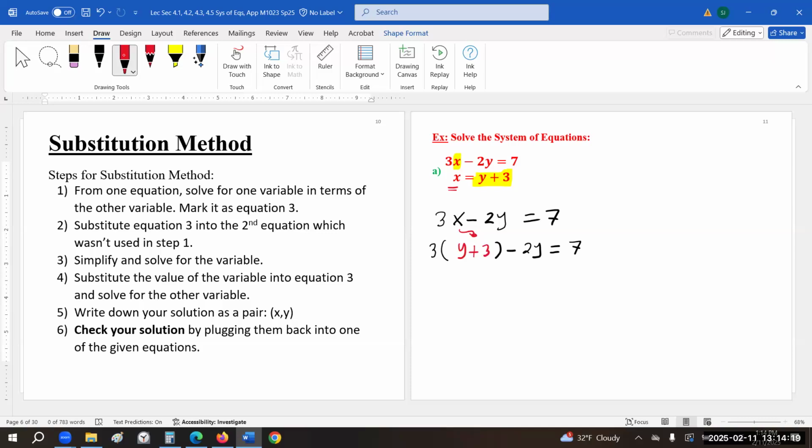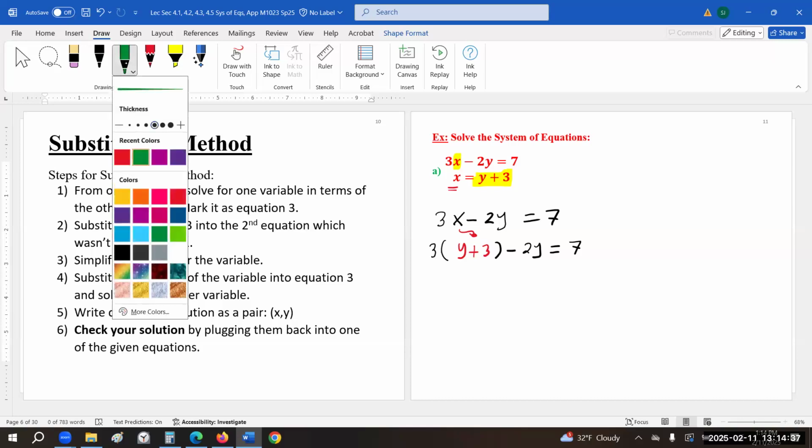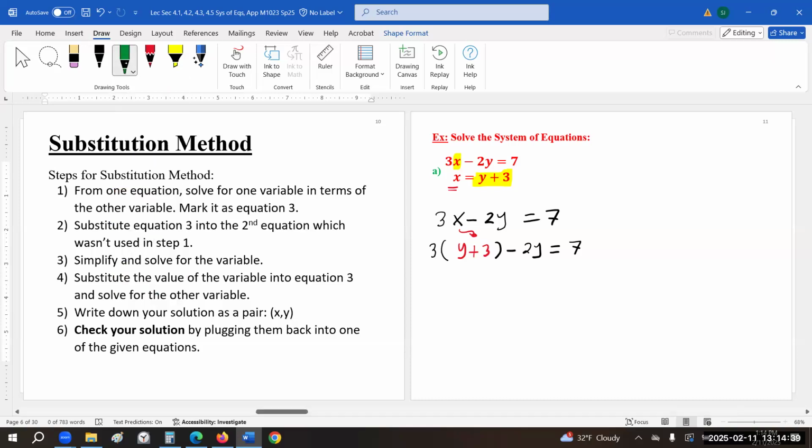That's why it's called substitution. We substituted variable x with y plus 3. And now our goal is to simplify this expression, get the y alone. What do you think is the next step? Good job. Distribute.